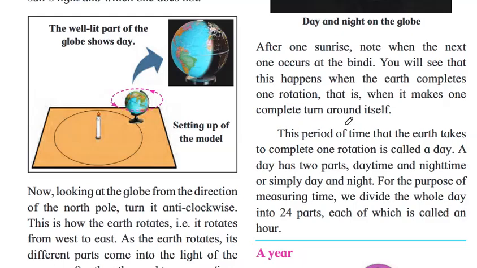This period of time that the Earth takes to complete one rotation is called a day. A day has two parts, daytime and nighttime, or simply day and night.